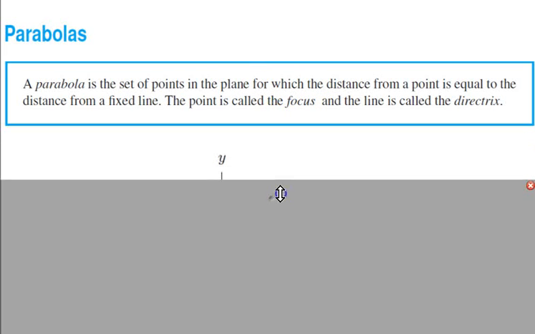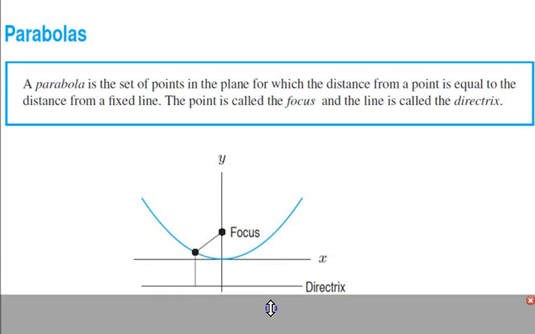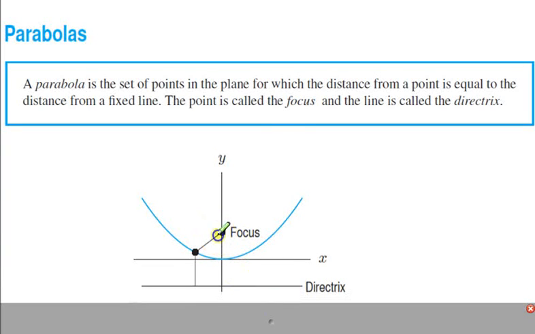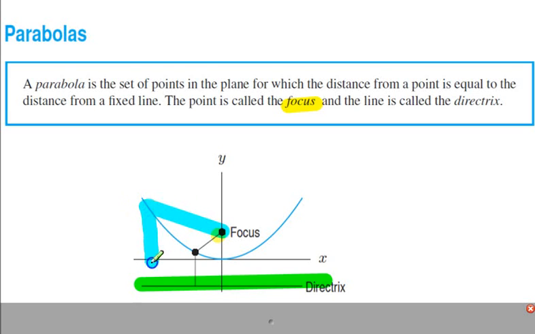Okay, the directrix. So for example, here is a focus point, and then here is a directrix. So every point on this parabola has the same distance from this point to the focus as it does from the point to the perpendicular distance to the line.